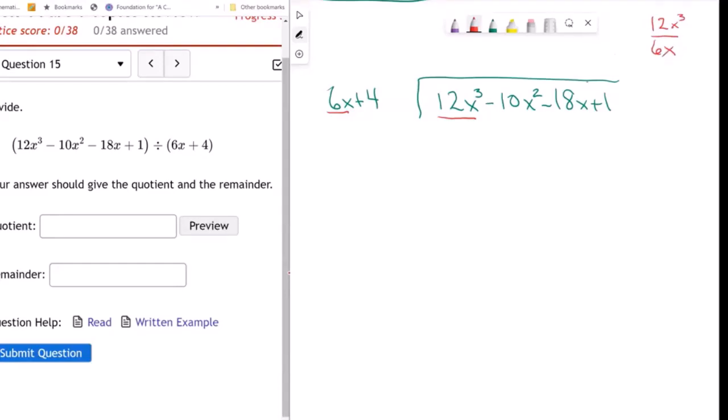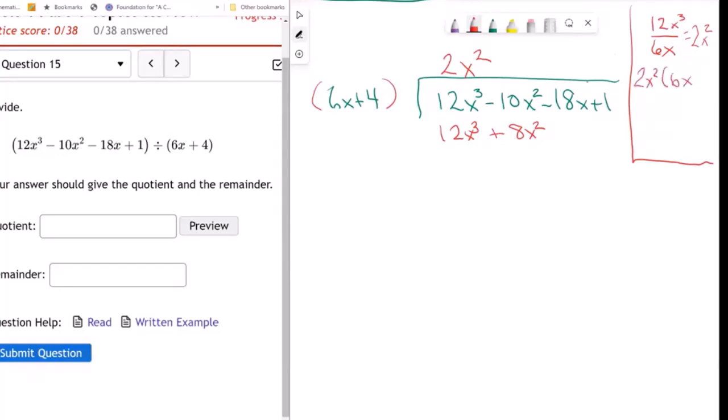What does that give me? 2x squared. I put 2x squared here, and now I multiply 2x squared by this whole thing. I get 12x to the third, and then 4 times 2x squared is plus 8x squared. And that gives me this.